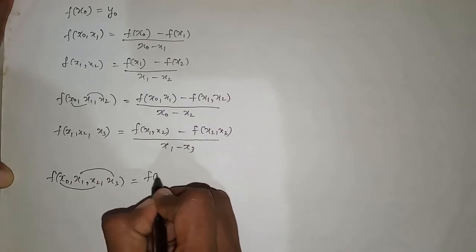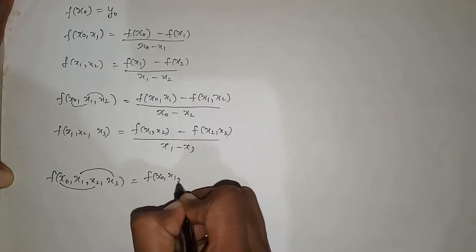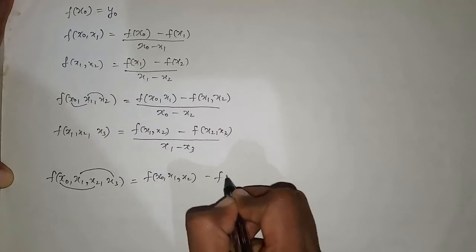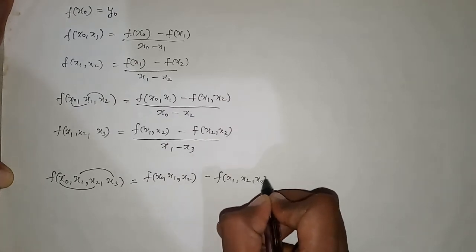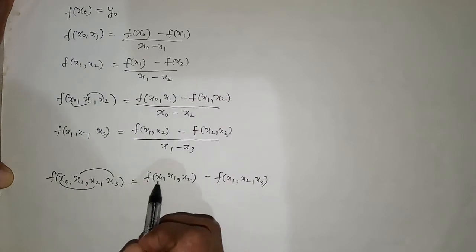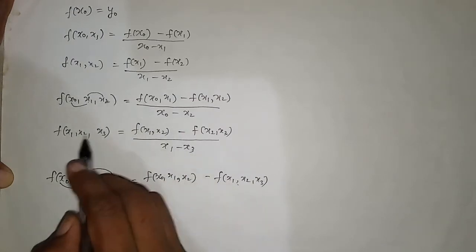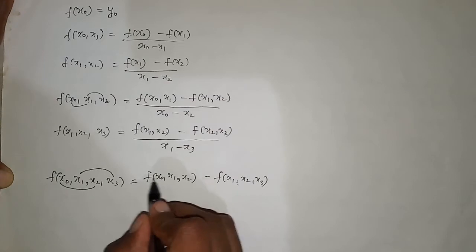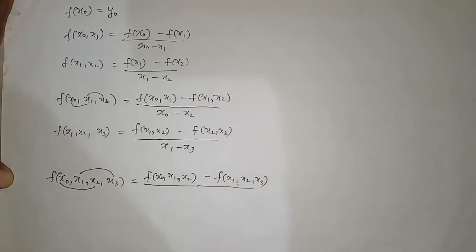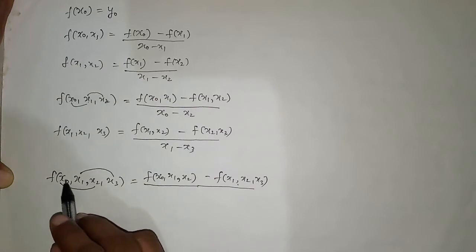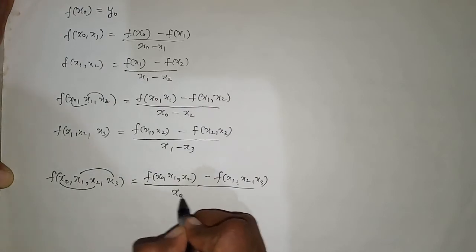So this is nothing but 0 1 2 minus 1 2 3. So this thing we have already calculated, so we can write the values of those in this formula. Now again we will do subtraction of first and last.